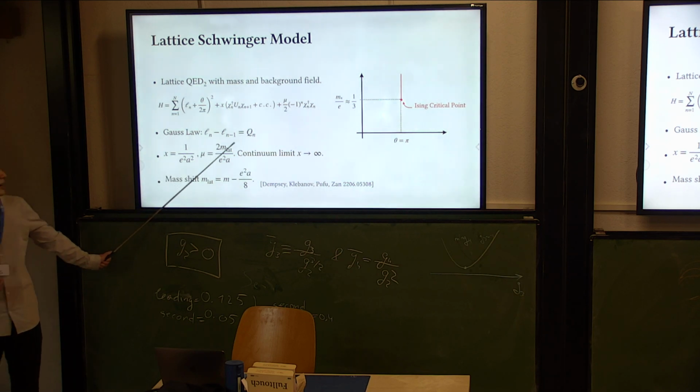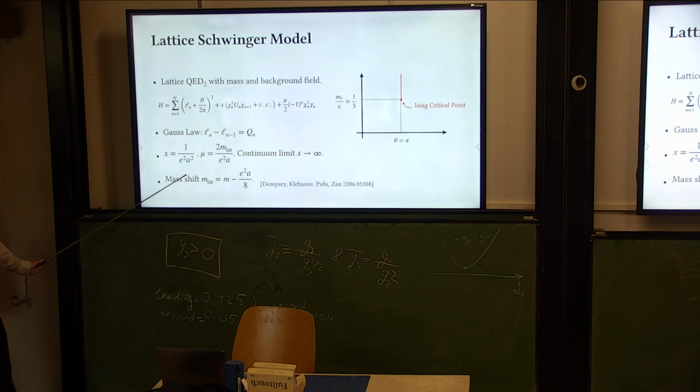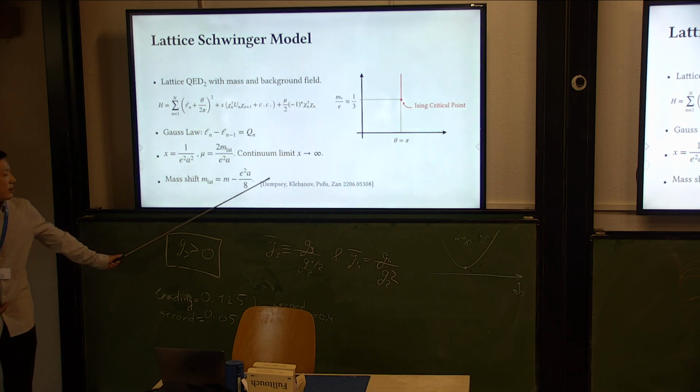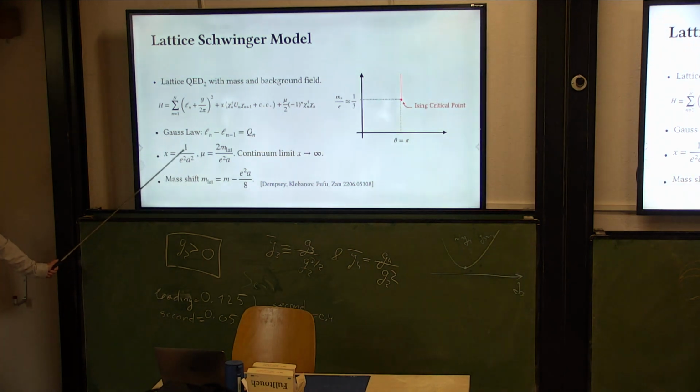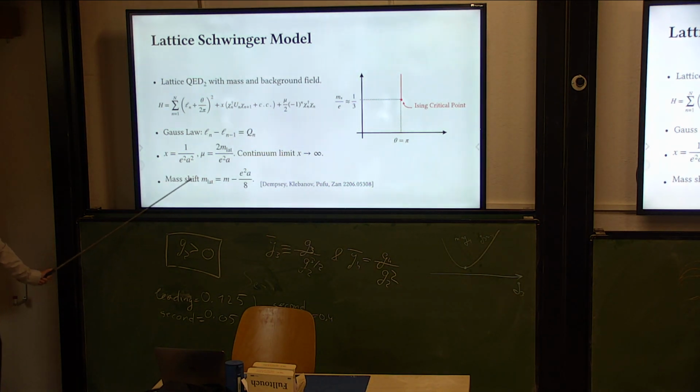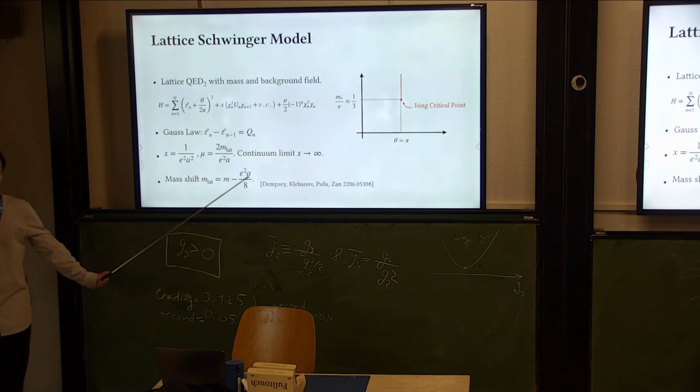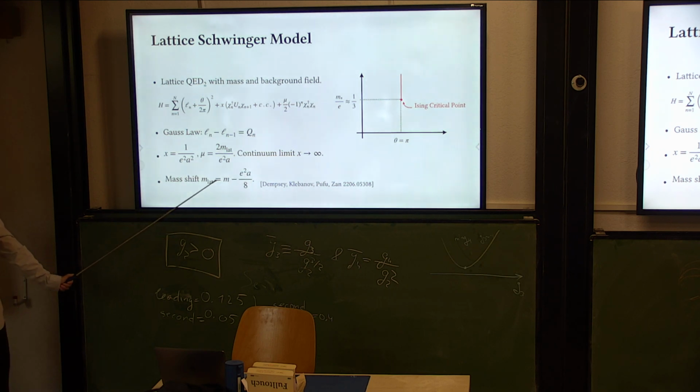What was done in this previous study is that they found a very nice shifting of the parameter of the fermion mass, which gives a better continuum limit behavior.